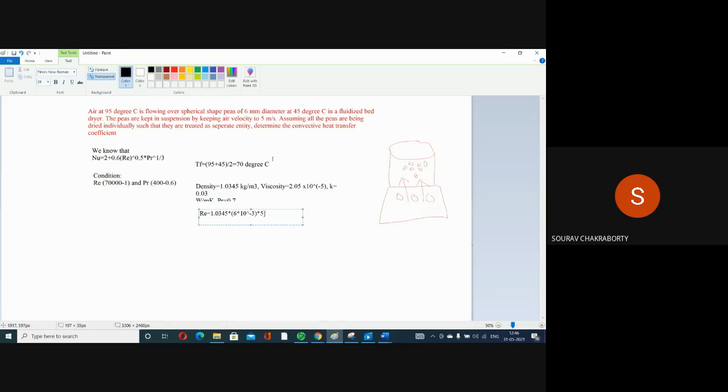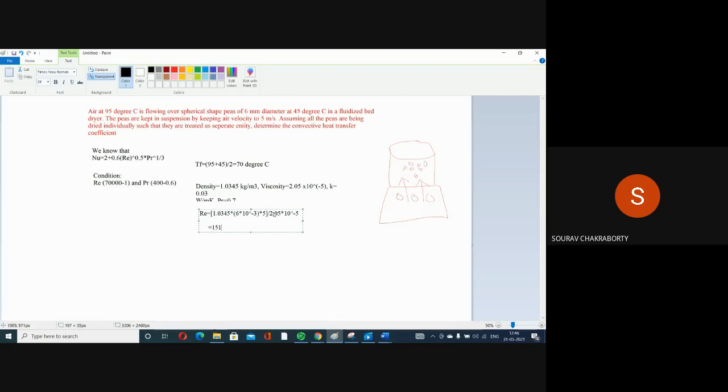Okay, and this whole expression will be divided by mu. What is mu? Viscosity, that is dynamic viscosity, 2.05 into 10 to the power minus 5. So after calculating, we can obtain the value of the Reynolds number.